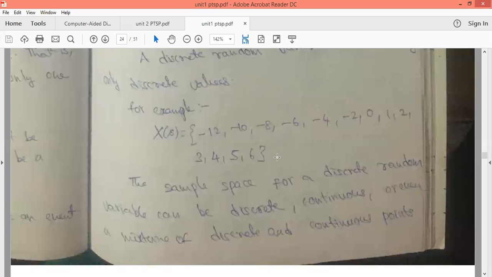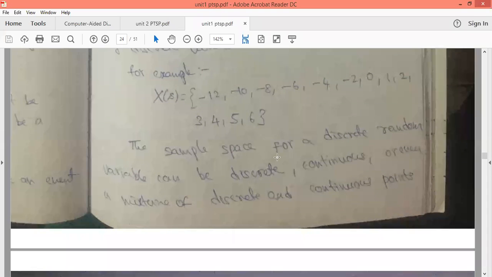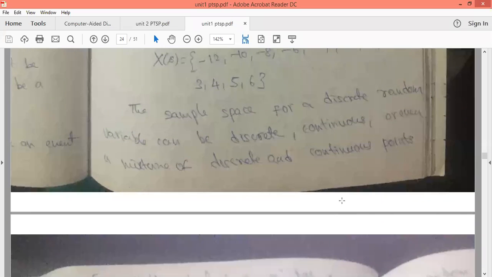Okay, and we know how we get a random variable: by mapping every element in the sample space onto the real axis, yes or no? So what type of sample space should we have to get the discrete random variable? To get the discrete random variable, we can have a discrete sample space, a continuous sample space, or a mixture of both discrete and continuous sample space.